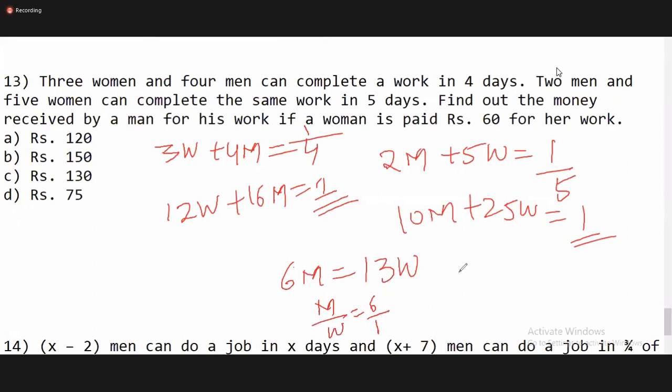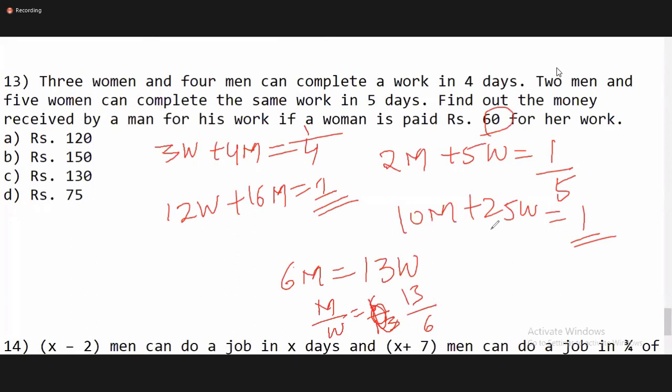I am doing it right. Boys and girls, is this right? Is my statement right? Men by women is equals to what? 6 by 13. Sorry, 13 by 6.